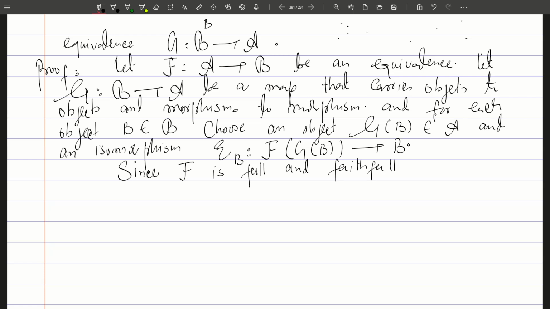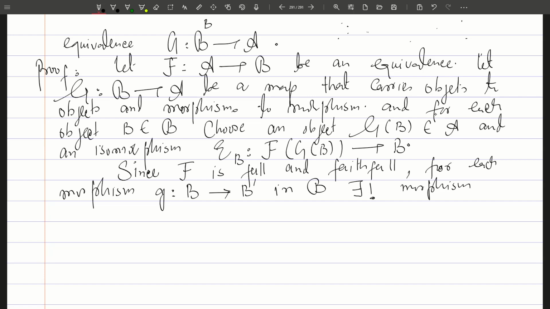Then for each morphism, say g, between the objects B and B prime, a morphism in the category B, there exists a unique morphism, say Gg, from GB to GB prime.